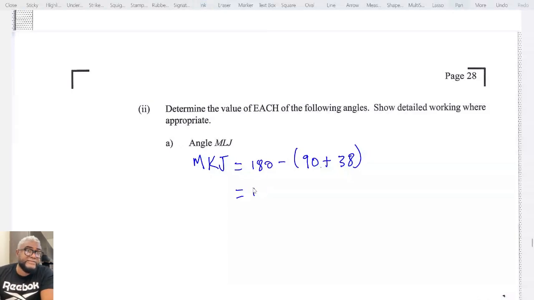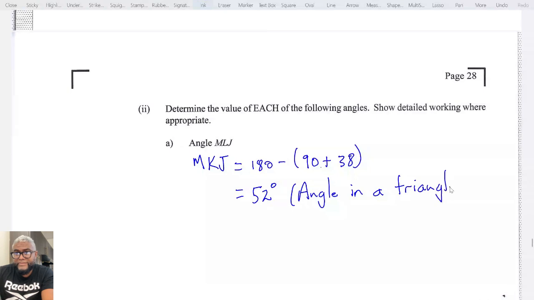Yeah, 180 minus 128 is 52 degrees. All right? Everybody good here? Reason would be angles in a triangle add up to 180 degrees.